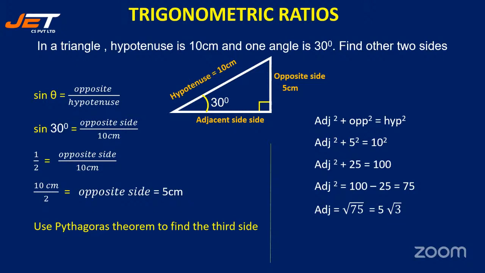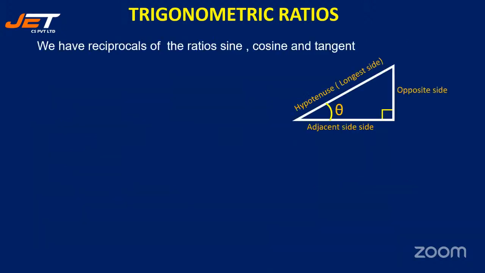Therefore, the adjacent side is root 75, which is 5 root 3. So using this, we can find the adjacent side also. All right. Now see here, we have reciprocals of the ratios sine, cos, and tan.